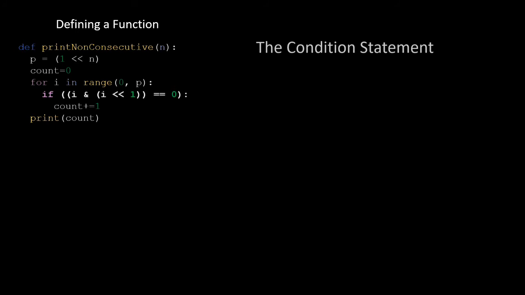Now we'll explain the condition statement, this bitwise AND operator of i, being a binary string, and i left shifted by one place. So what exactly is this statement doing here? Let's take an example.